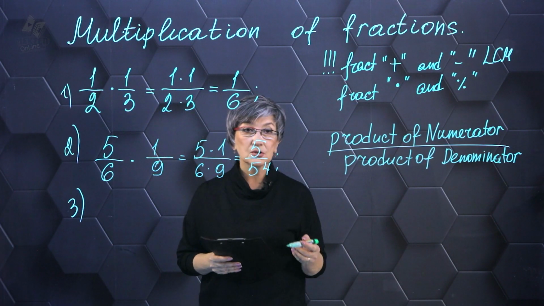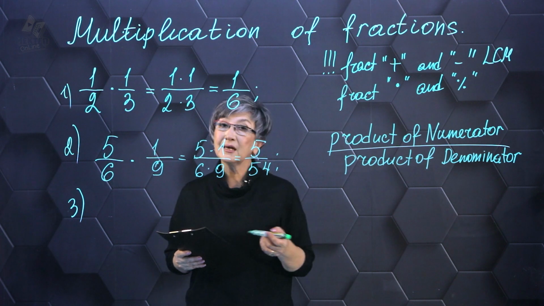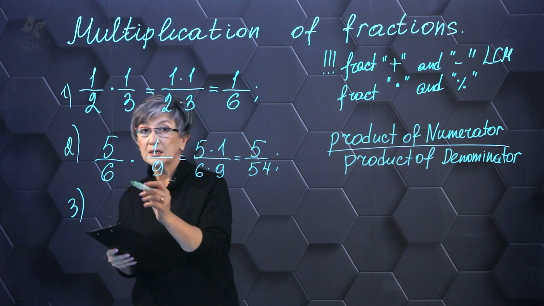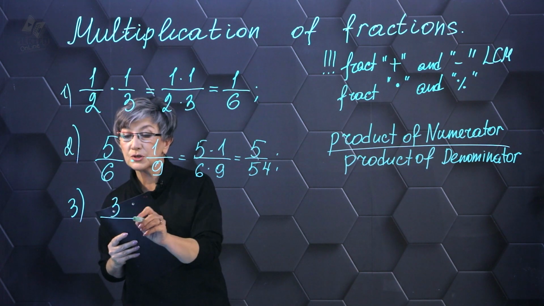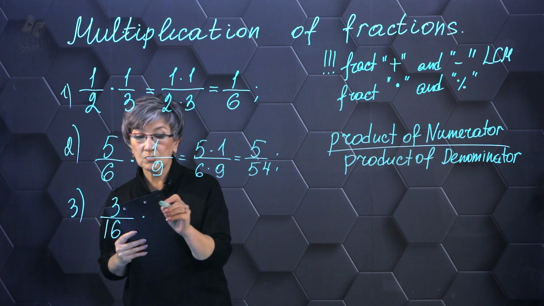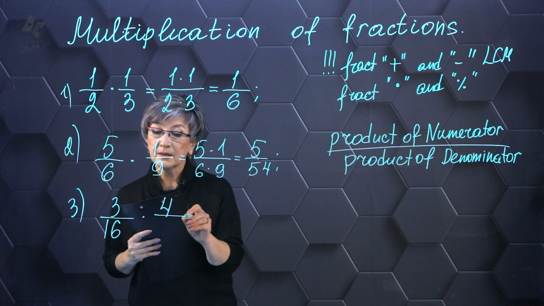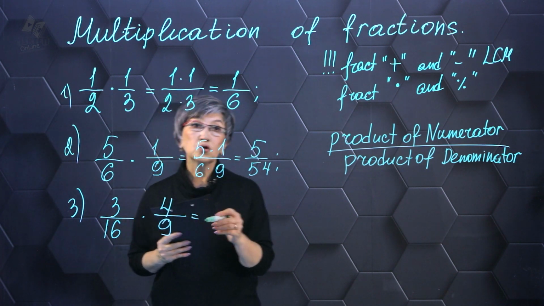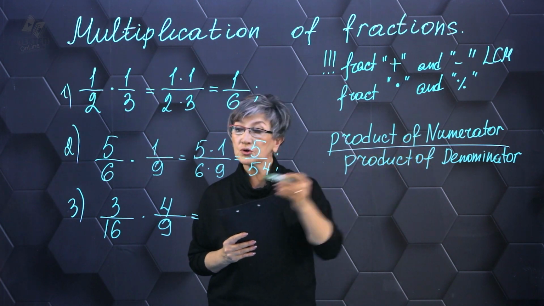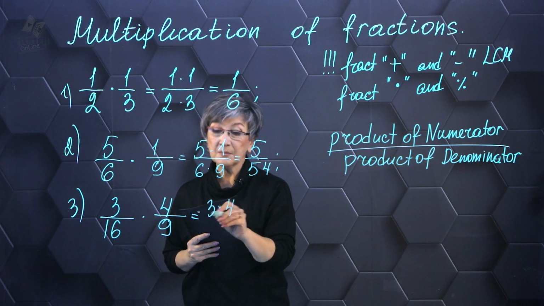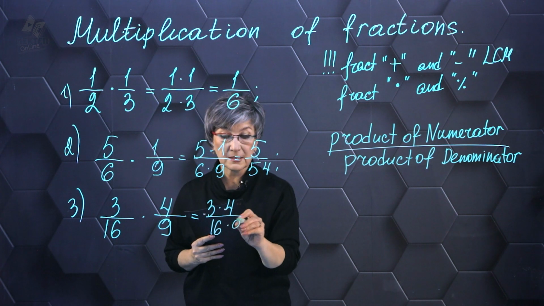So what do we have to reduce and why do we need to do it? If I want to multiply the next fractional numbers, 3/16 by 4/9, then by our rule, I have to multiply the numerator by the numerator and the denominator by the denominator.